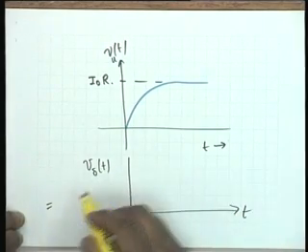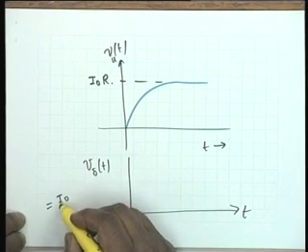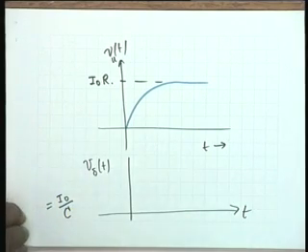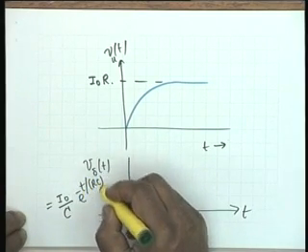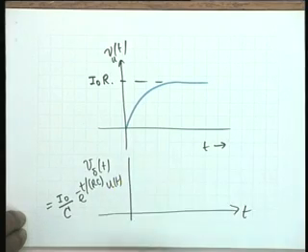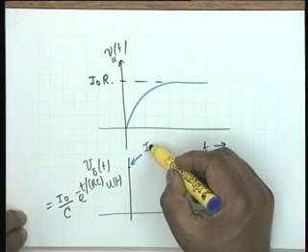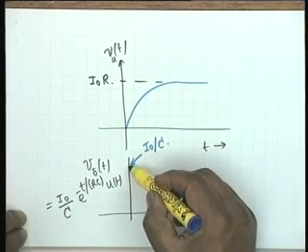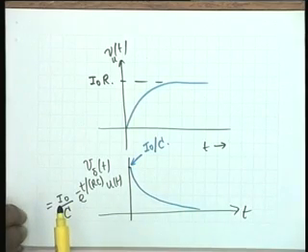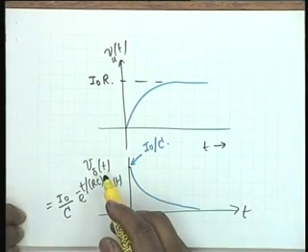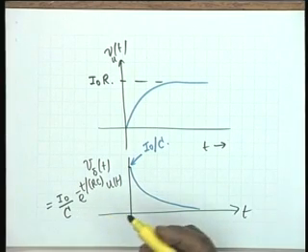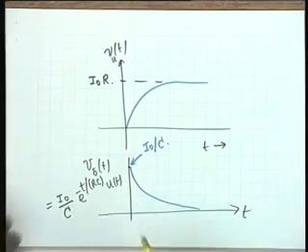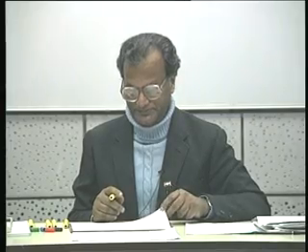If you do that, v delta(t) is simply I0 by C multiplied by e to the minus t divided by RC times u(t). That is, it starts from I0 by C and falls exponentially like this. This is the unit impulse response. You can do this by differentiation, or you can go back to the Laplace domain.